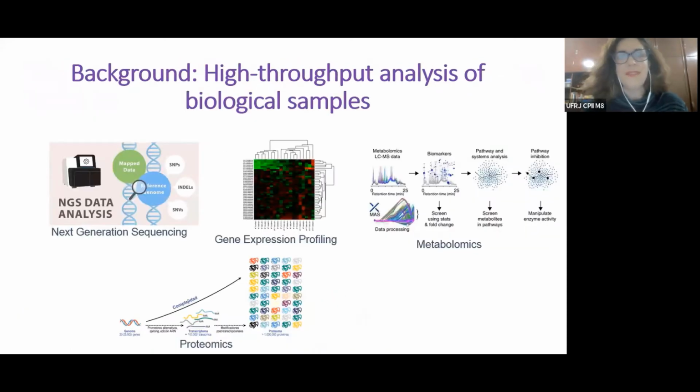So several fields in biology use large data sets of information, as for instance, microarray, metabolomics, proteomics, next generation sequencing.